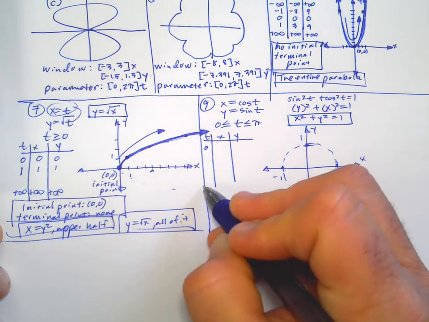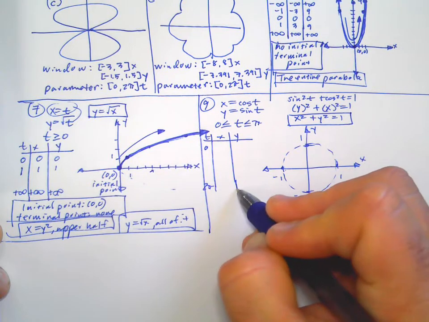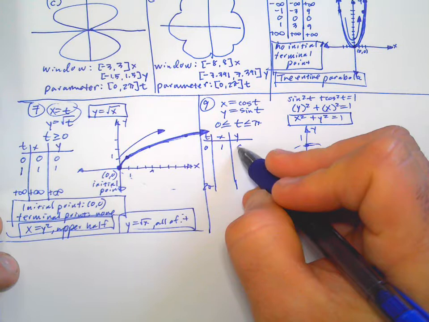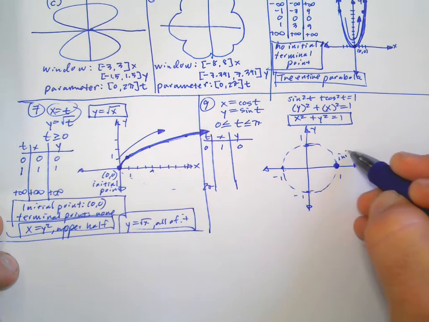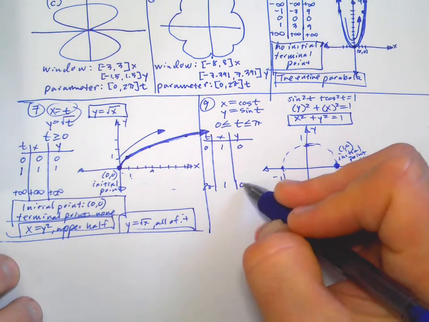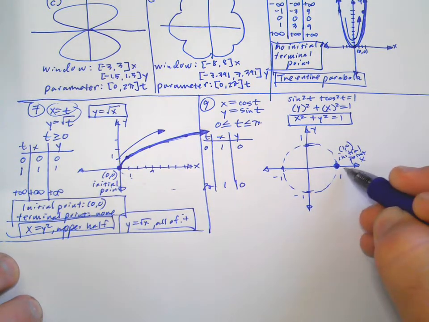And we plug 0 and 2 pi into it. If you plug 0 in here, you get 1, 0. So this is your initial point. 1, 0. And 2 pi would also be 1, 0. So this is also your terminal point.